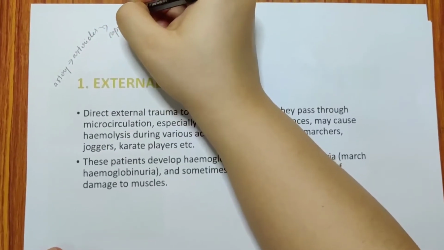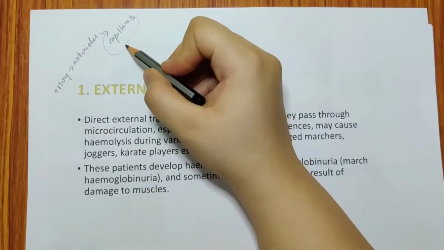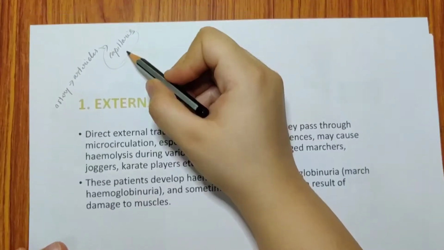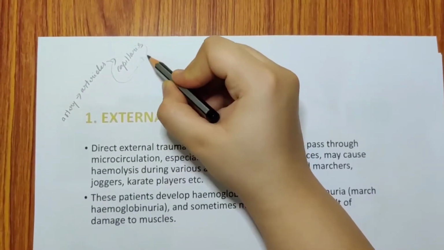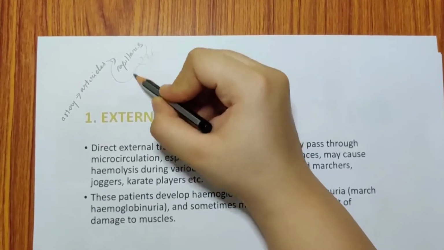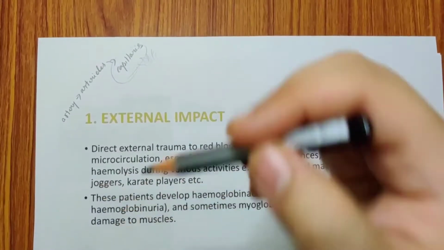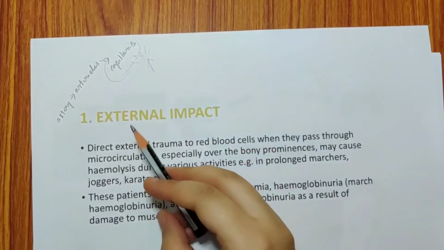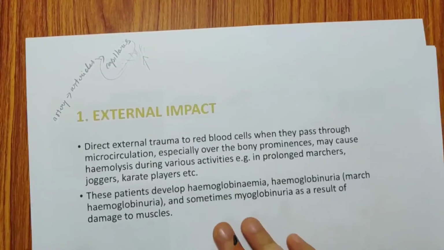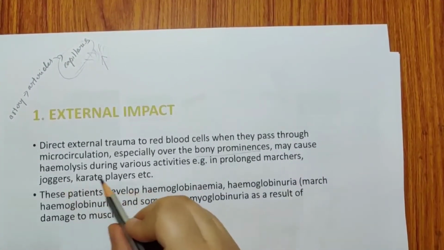These are your microcirculation. Since the capillaries are so tiny and so branched, they are called the microvasculature.